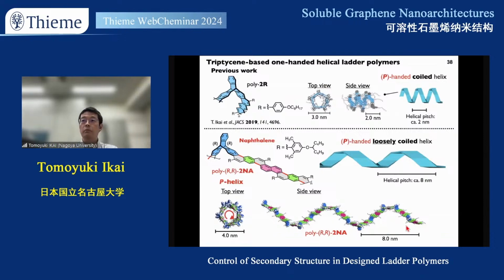And from calculation, we found that this naphthalene-based rubber polymer forms a right-handed helical structure, the same as in the previous study, but the helical pitch is expanded to 8 nanometers, about 4 times larger than the previous one. So this poly 2NA has a loosely coiled helical structure.